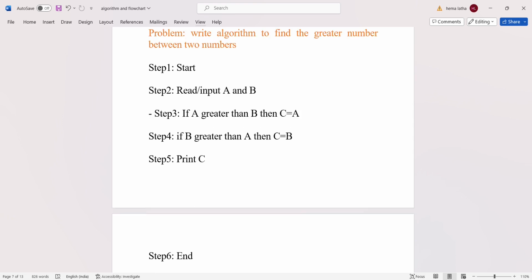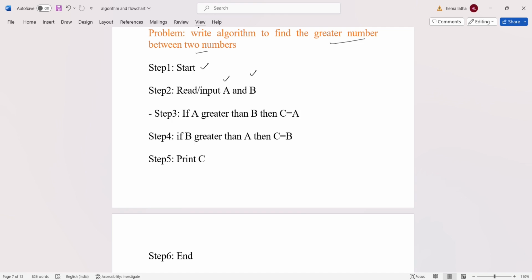Next example. Another example is to write an algorithm to find the greater number between two numbers. Okay, so what is the first step? Start, input A and B. That means two steps are now converted into one step only. We are getting both the inputs A and B. Now checking the condition.